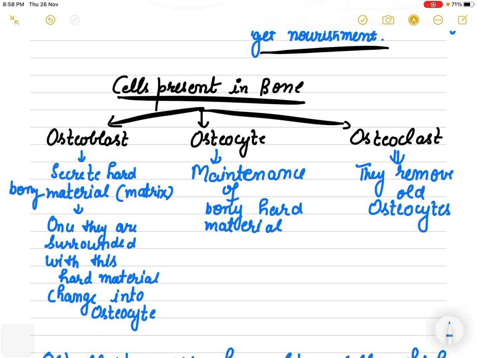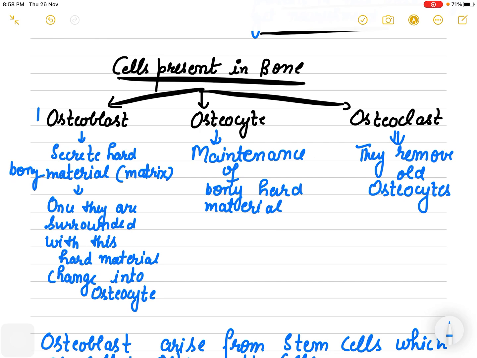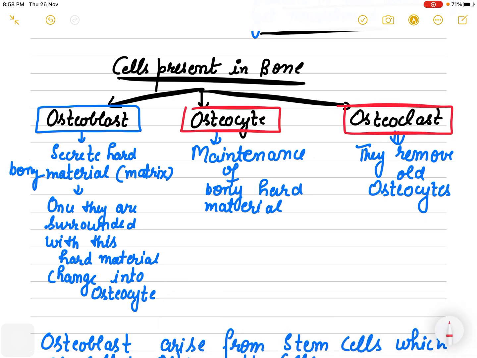Now the cells present in the bone, majorly three types: osteoblast, osteocytes, and osteoclast. Like yesterday we spoke about chondrocytes and chondroblasts, same here.